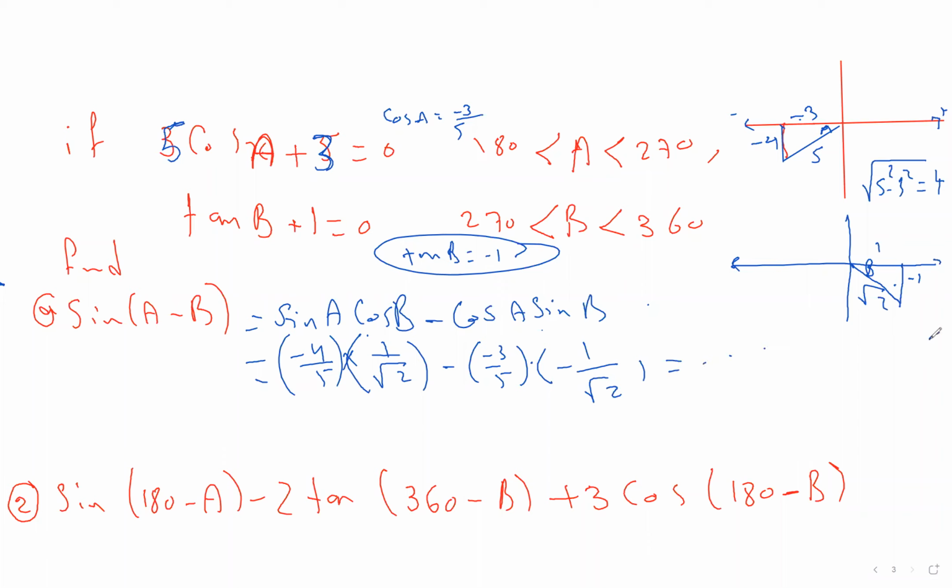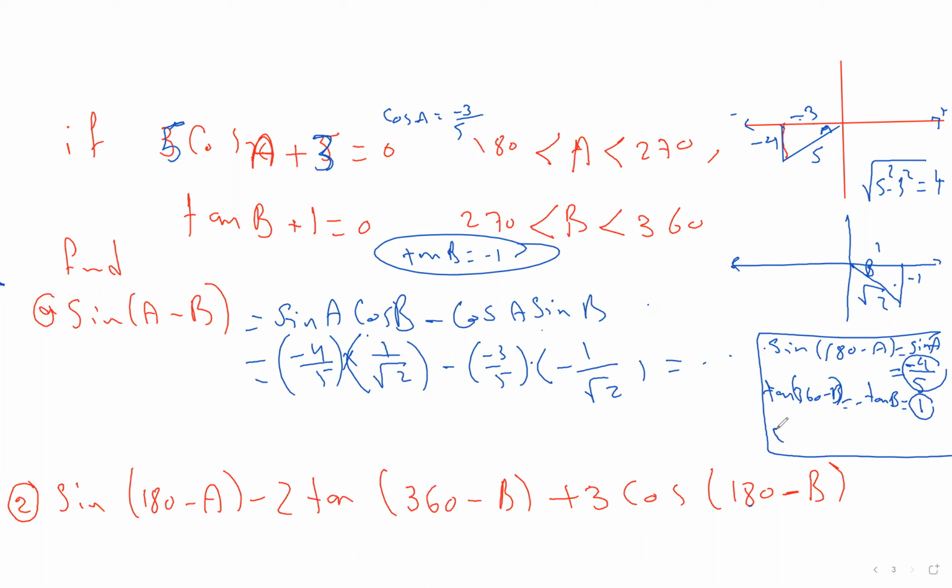What about number 2? Sine 180 minus A, in the second quadrant, will be sine A, which is negative 4 over 5. Tan 360 minus B equals negative tan B, because in the fourth quadrant tan is negative. Tan B is negative 1, so it will be positive 1.